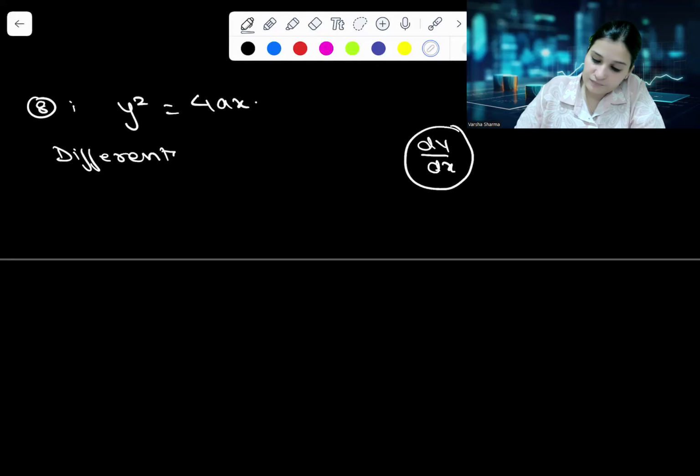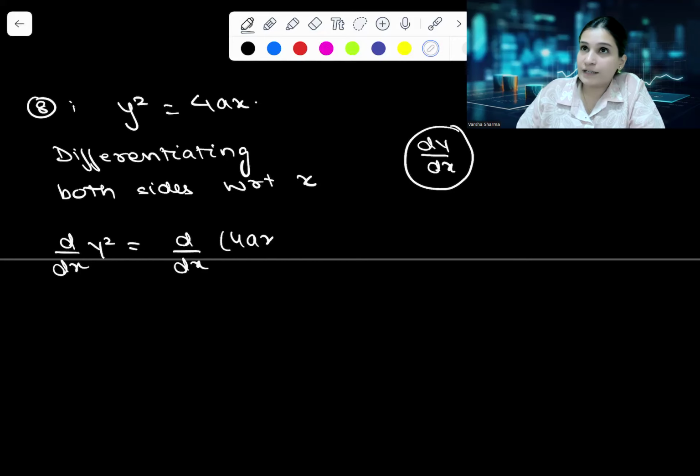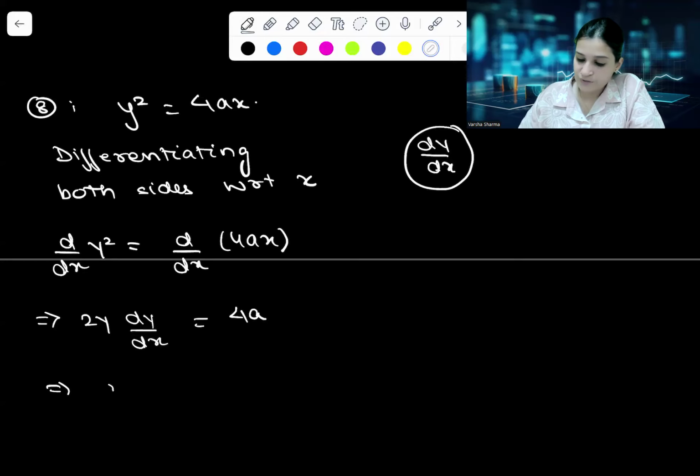Differentiating both sides with respect to x, d dx of y square equals d dx of 4ax. Differentiation of y square is 2y dy by dx. Leaving 4a, differentiation of x is 1. So dy by dx equals 2a by y.